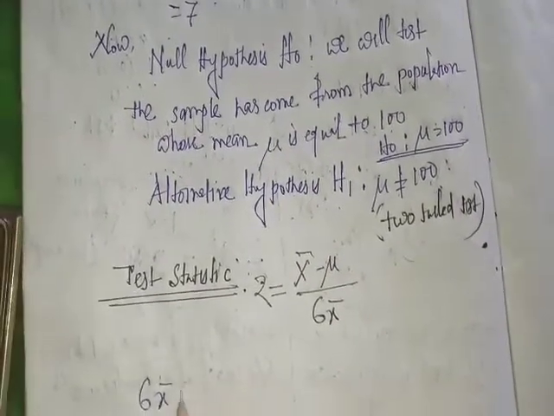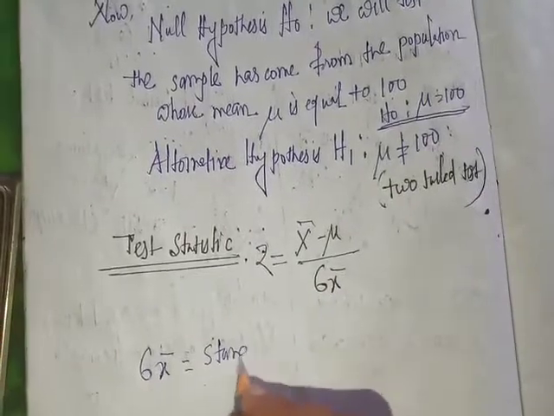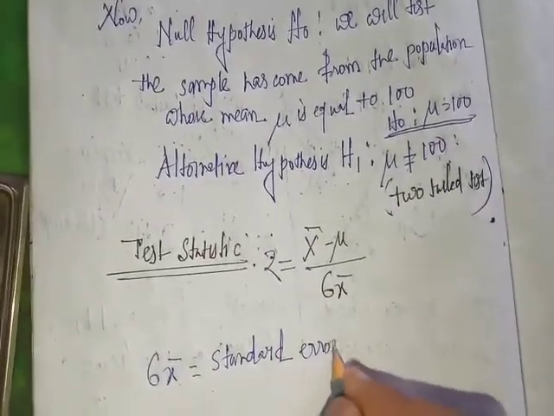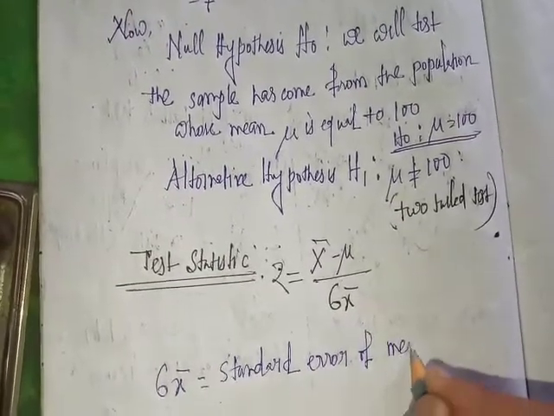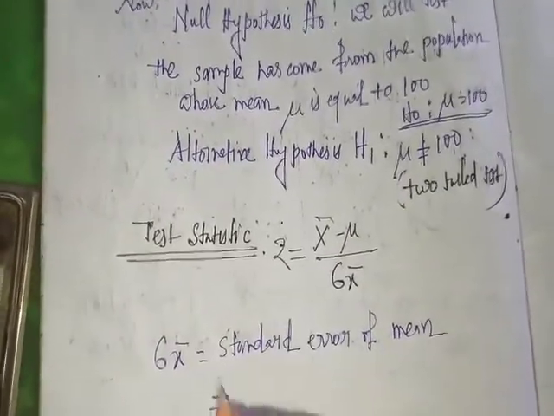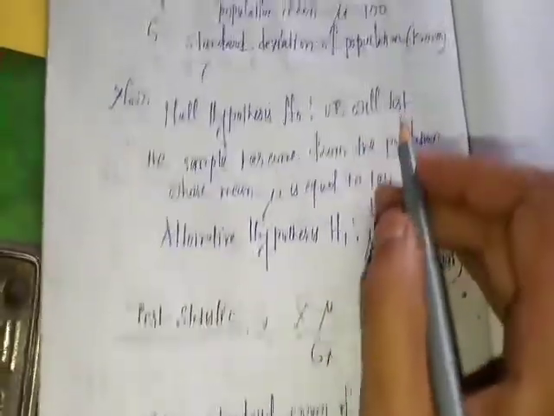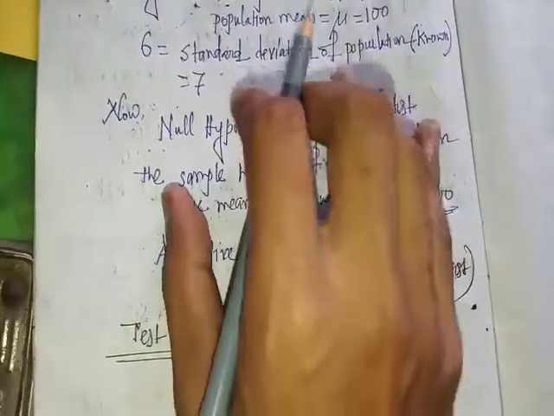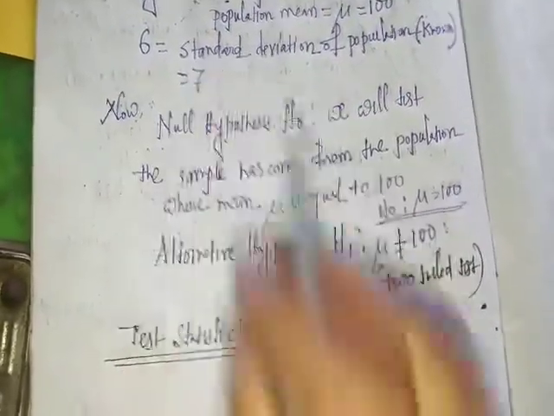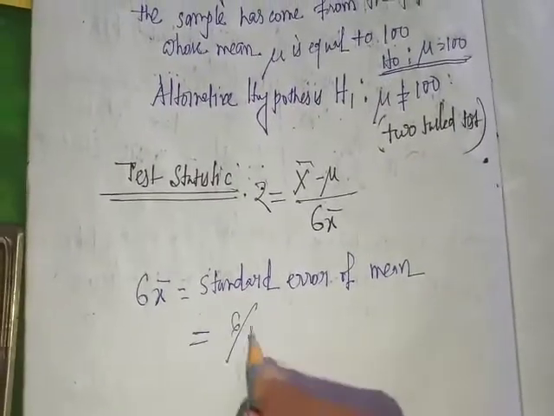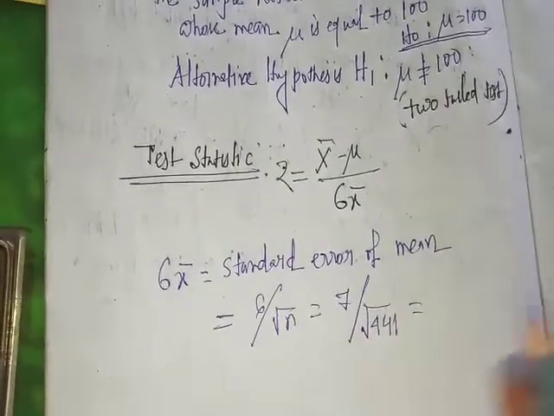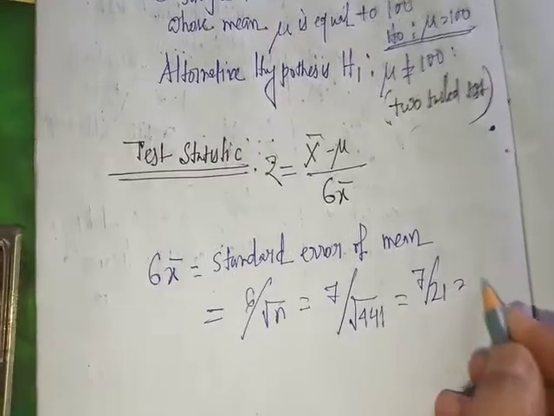The formula of sigma x bar is sigma by root n, since here sigma is known. For sigma unknown, the formula is s by root n. Here sigma is 7 and n is 441, so root 441 is 21, and 7 by 21 is 1/3.